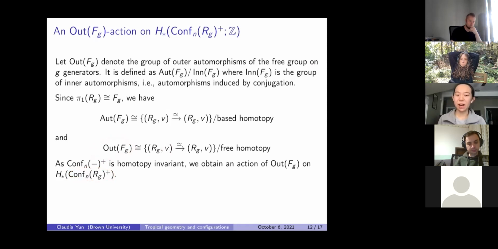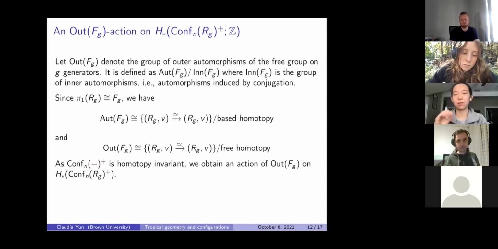And the reason why we need Out of G is because when we take a group isometry, sometimes your chosen base point is not necessarily staying still for the duration, so you could have your base point moving around.